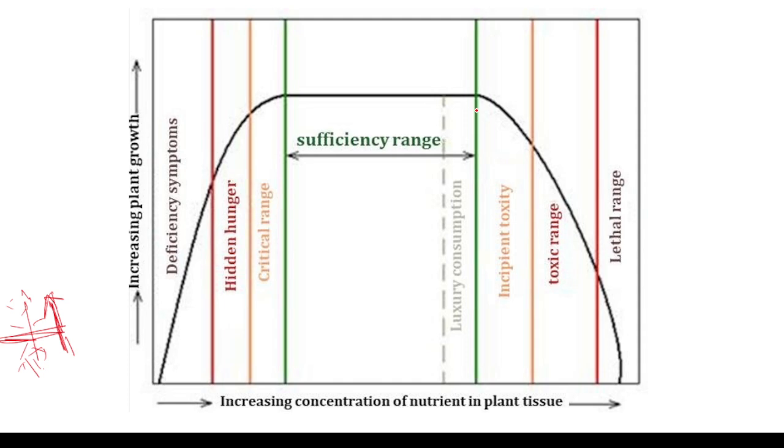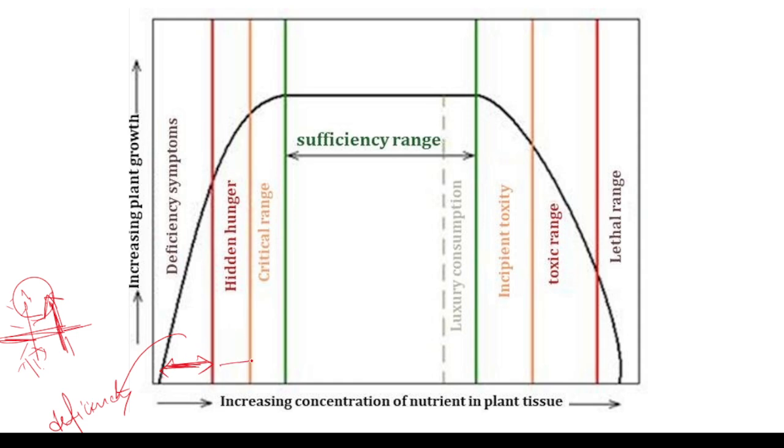If the nutrient is present in a very low quantity, plants show deficiency symptoms. We say this is the deficiency range, and this range goes up to here.